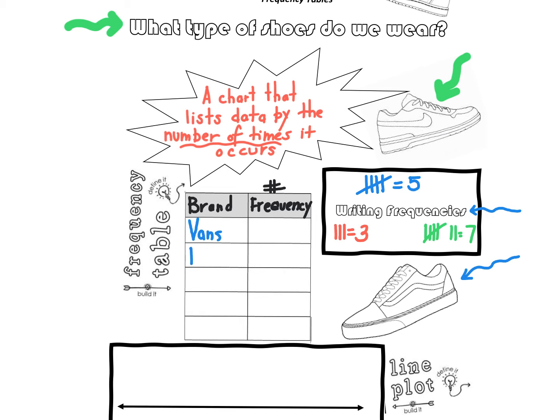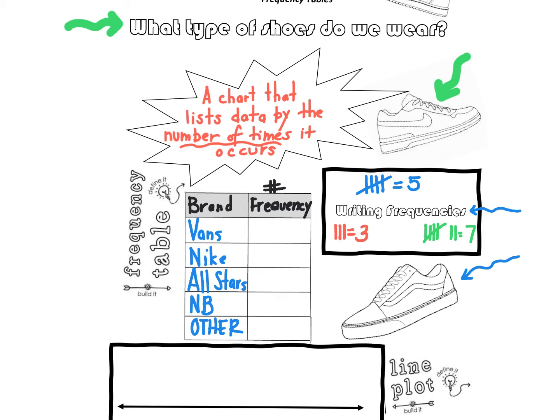Some are wearing Nike. Maybe some All-Stars, aka Converse. Maybe some students are wearing New Balance, so I'll put an NB. And then maybe there's some varying other shoes that are being worn.